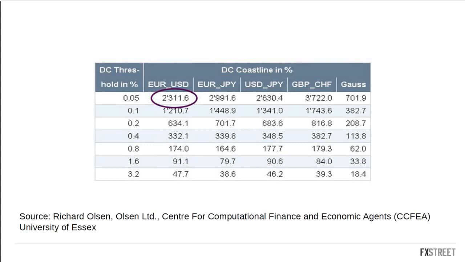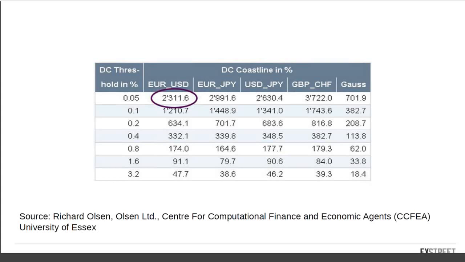If we measure the coastline, as we have measured with a point and figure chart, in thresholds of 0.05%, then we would get a coastline in percentage terms of 2,311.6 in euro-dollar on a yearly basis. Okay, so one year of euro-dollar price movement would have the potential for more than 2,000%.